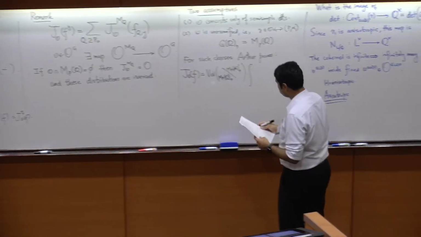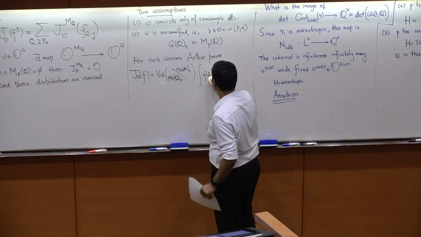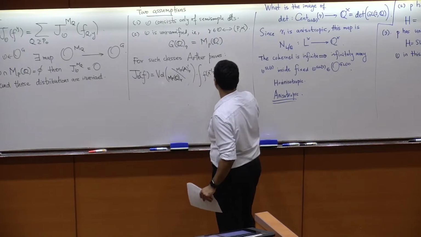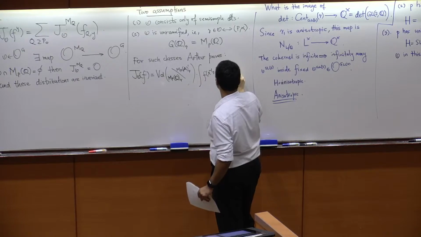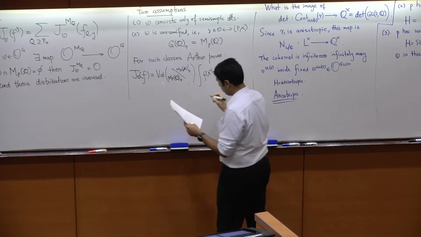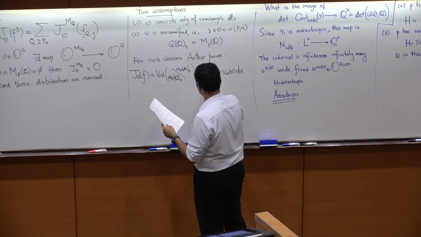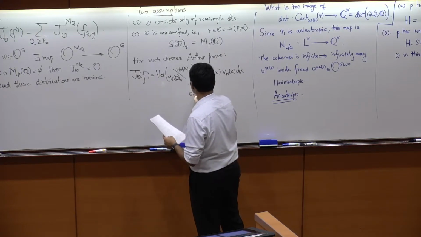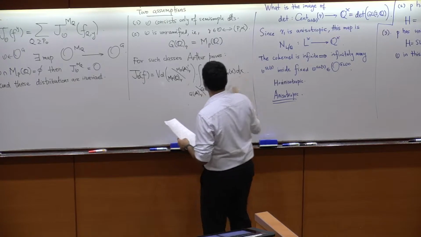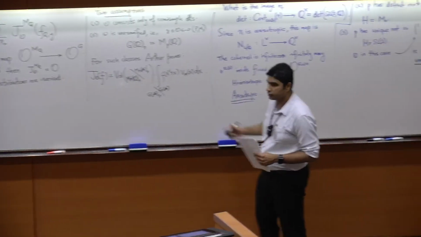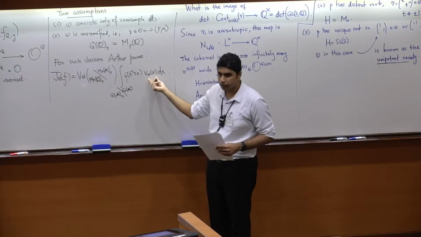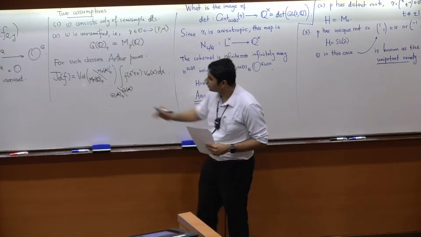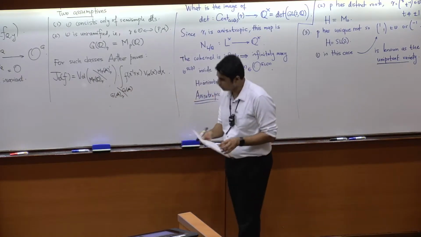And there is an integral. So this is a weighted orbital integral. The orbital integral is weighted by this weight, and there is a volume term and there is this orbital integral.